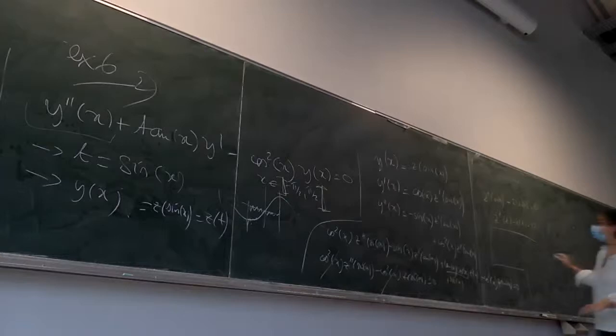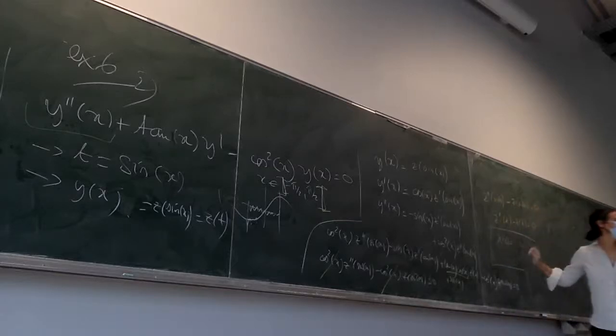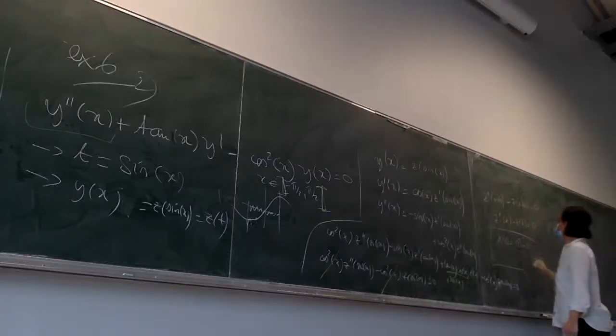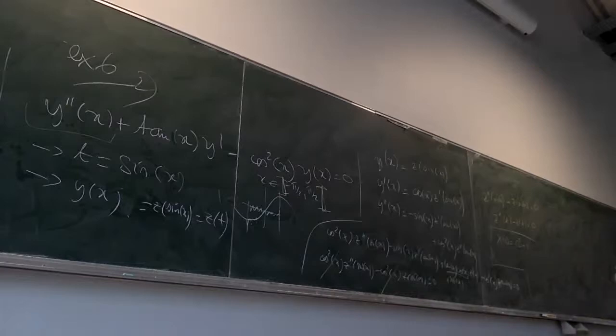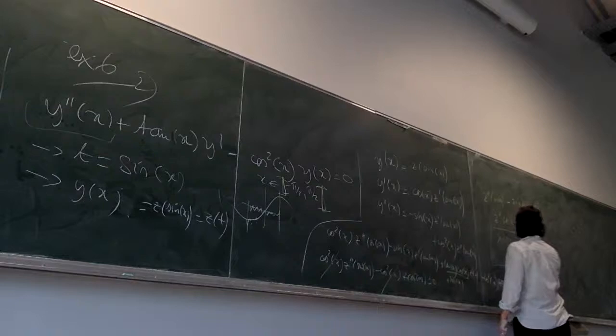Yeah, characteristic equation: r squared minus 1. Same roots as the ones you get when you take the determinant of the corresponding system, if you write this as a system. Right, so r squared minus 1, so r equals plus or minus 1.